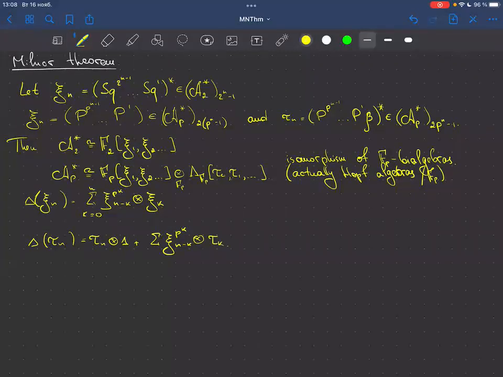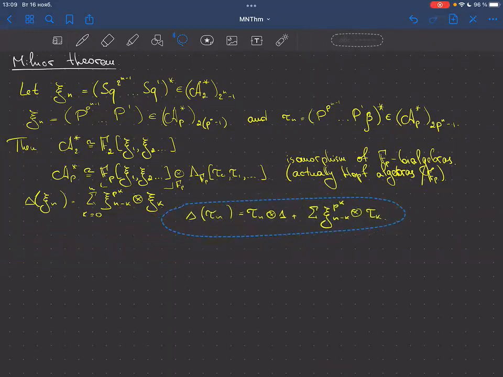Note that in the case of odd p, this free polynomial part generates a sub-Hopf algebra. Namely, we have the sub-algebra, which is closed under the co-multiplication.